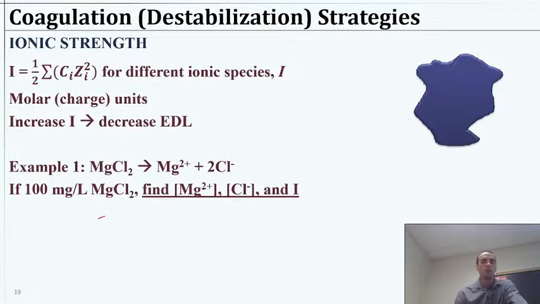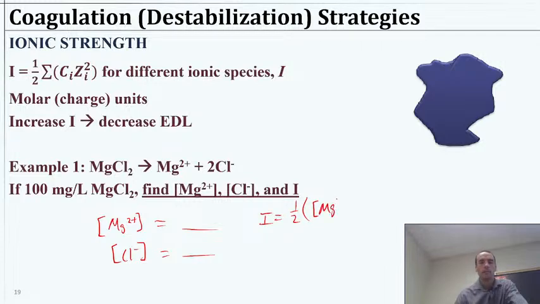If we've got 100 milligrams per liter, we would find some value of magnesium 2+, and we would find the value of chloride, Cl-, and then we could say the ionic strength is going to be equal to 1/2 times the magnesium concentration times its charge squared plus the chloride concentration, Cl-, times its charge, -1, squared.